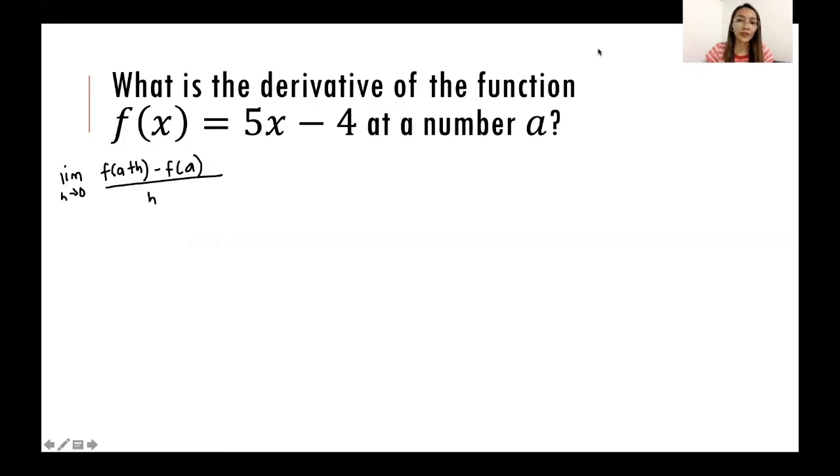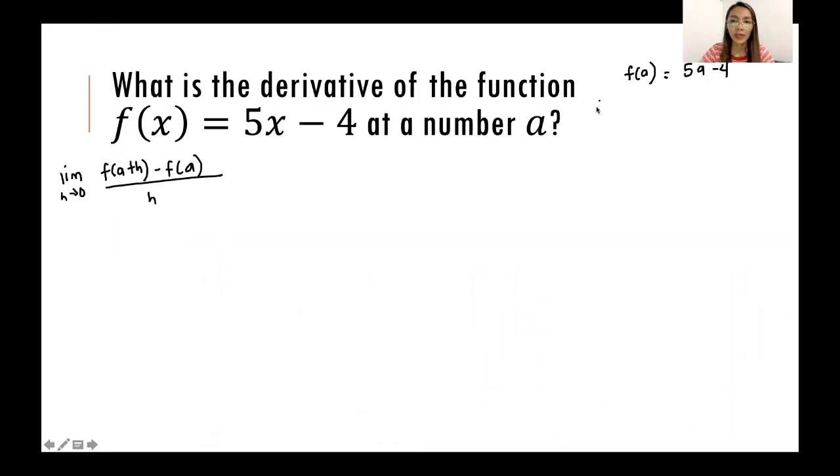Okay, so let us first define f of a. What will be our f of a? Our f of a is 5a minus 4. So si f of x, pinalitan mo lang po ng a. That's why we have 5a minus 4.